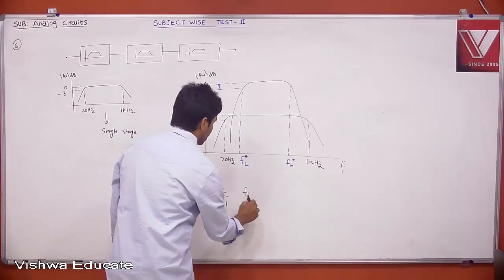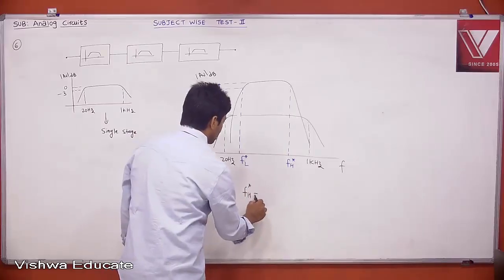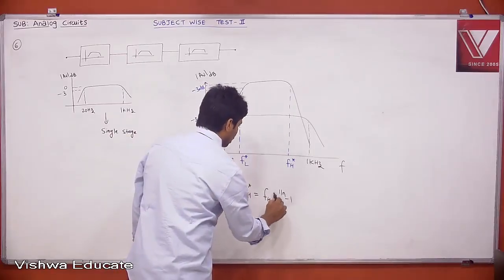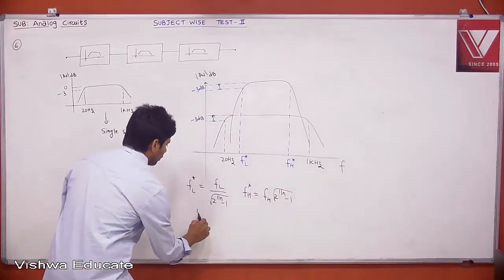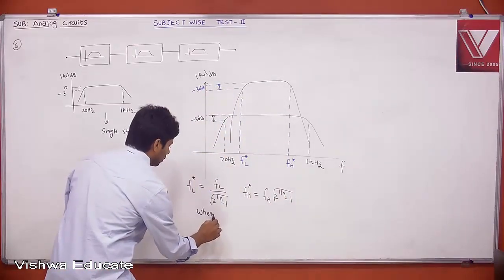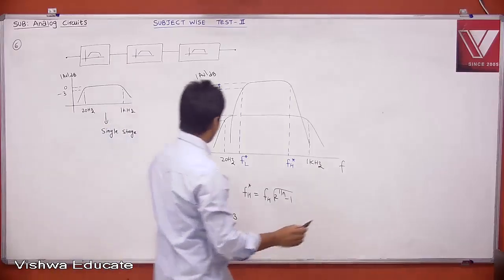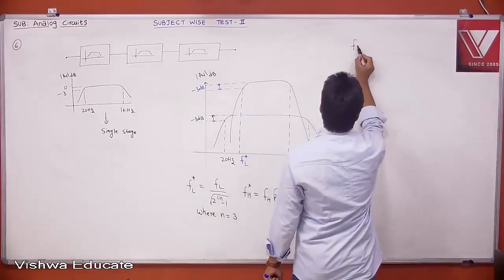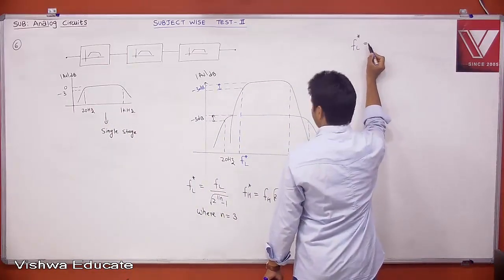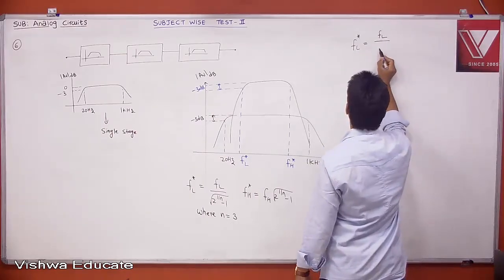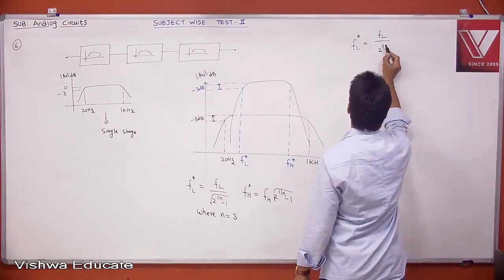Similarly, FH star is decreasing, so FH star is FH into 2 to the power of 1 by n minus 1, where n is 3. If you substitute, FL star is equal to FL divided by 2 to the power of 1 by 3 minus 1.